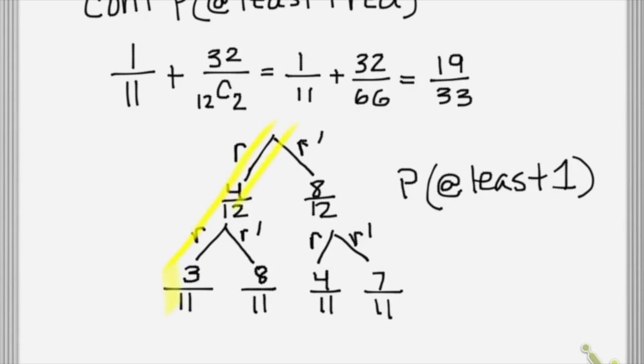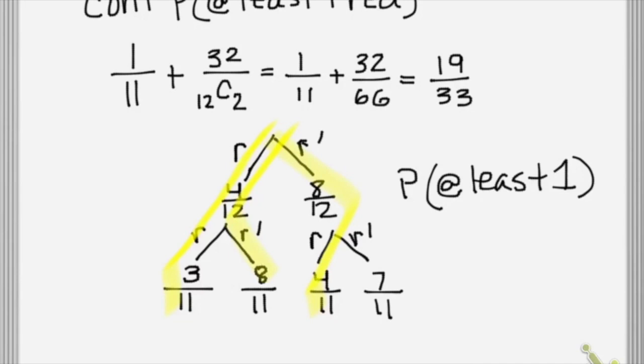This path here is going to lead to 1 red and 1 not red. This path here is going to lead to 1 red, and then this last path would be not red, not red, so I don't want that.